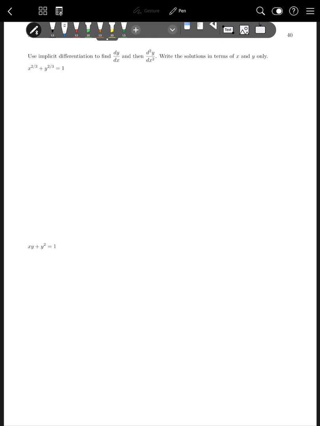So let's try another. Start off once again by taking the derivative with respect to x, just like we normally would. And then the only thing you have to be careful about is anytime you're doing a derivative that doesn't match this variable.